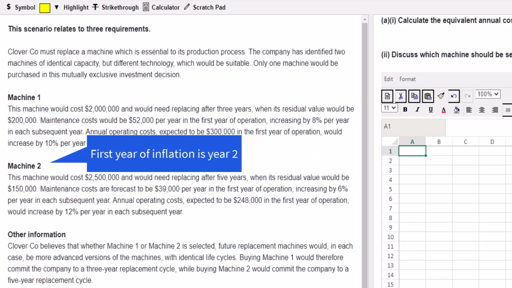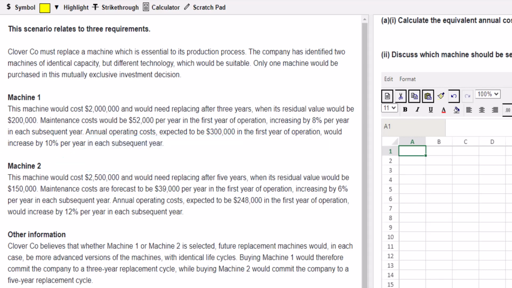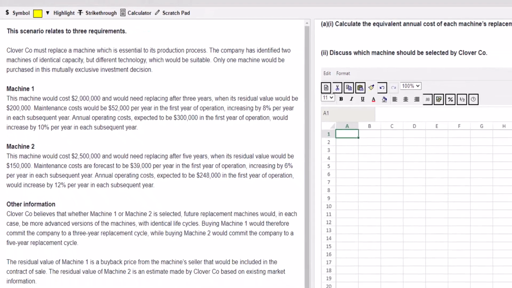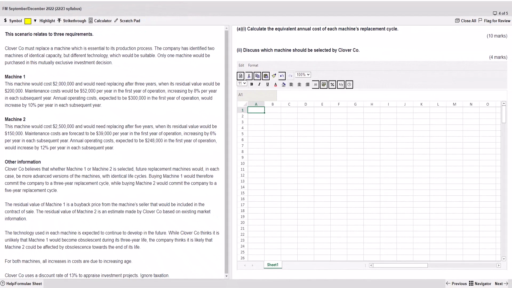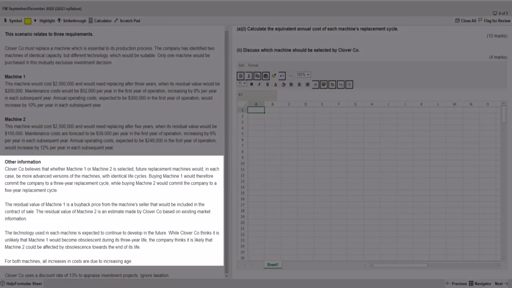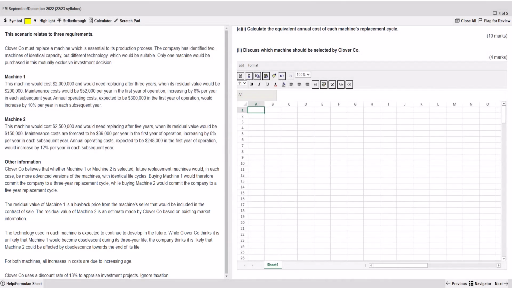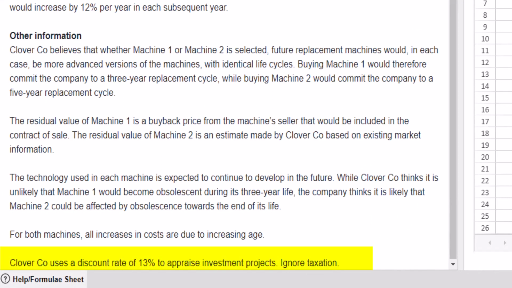Now, if you get that wrong, as long as you've laid everything out clearly for the marker, you'll only get it marked wrong in the first instance, and then method marks will happen. It's important also before you start to read all the information. Although the other information paragraph relates to the discussion element for part 2, right at the bottom, Clover Company uses a discount rate of 13% to appraise investment projects, and it says ignore taxation.